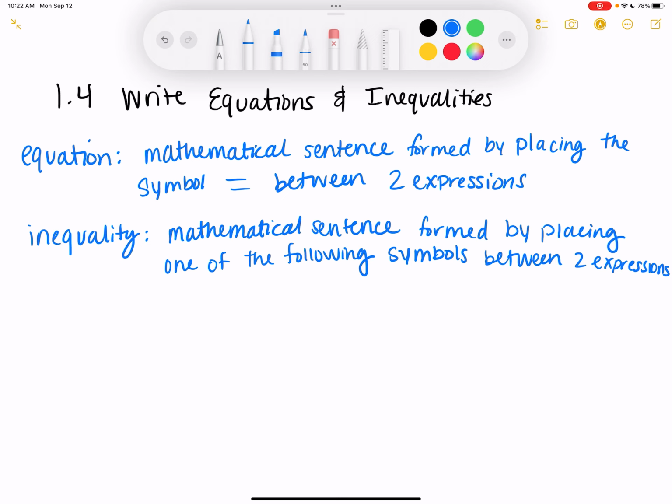And that would be less than or equal to, greater than or equal to. Have y'all seen these symbols before? Okay.